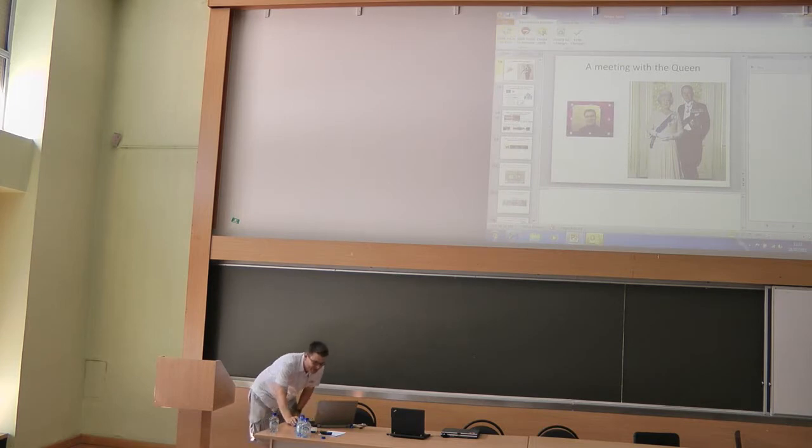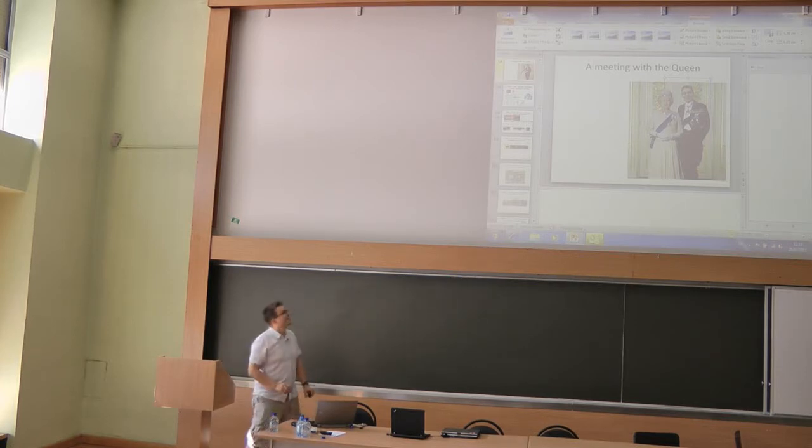When you click here, you get a rectangle at the default position, and you have to move it into a more sensible position. Okay. We can cut it and paste it here. And, right. Yeah, meeting with the Queen.